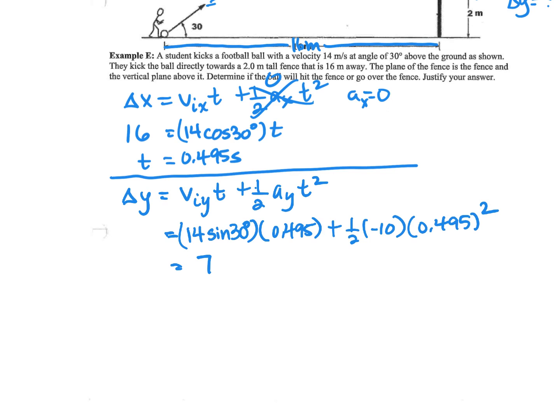So this is 7 times 0.495 plus, or minus, excuse me, minus 5 times 0.495 squared. Turns out that is 2.24 meters.